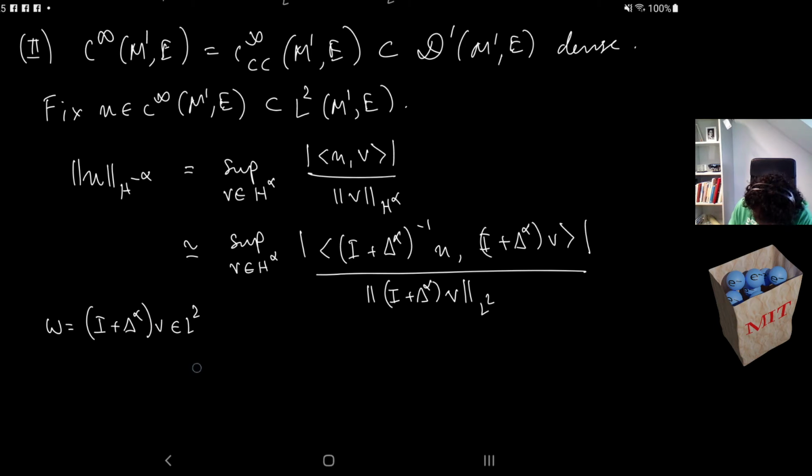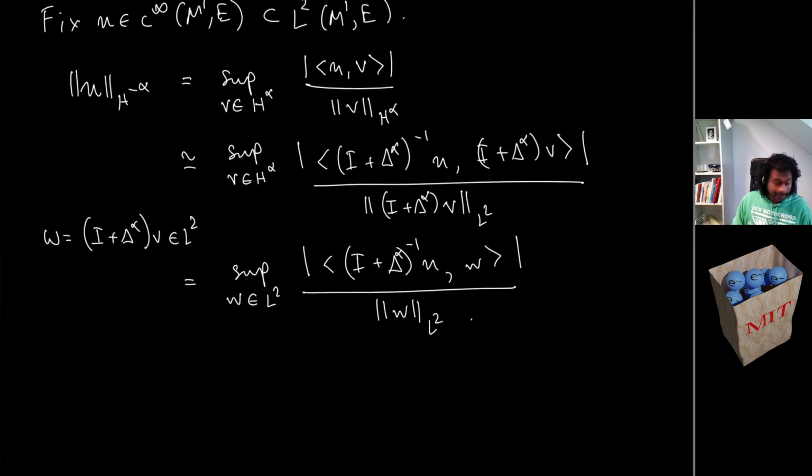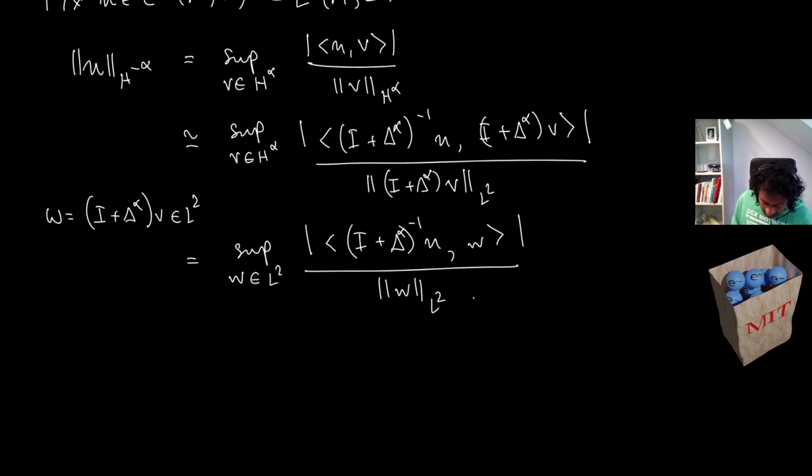So this means that this inequality I can write instead as the sup over w in L2 of the pairing of (1 plus Laplace to the alpha) inverse u with w, where again w is in L2. Okay? But what is this? Well, this is precisely equivalent to the norm of (1 plus Laplace to the alpha) inverse of u in L2.